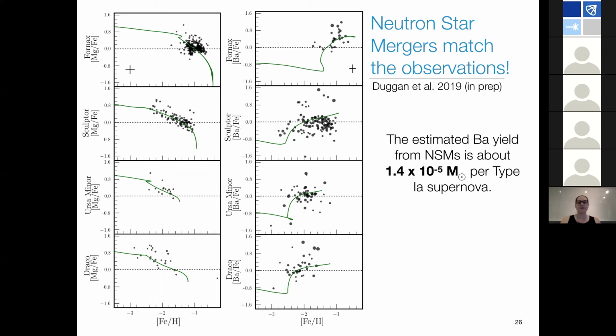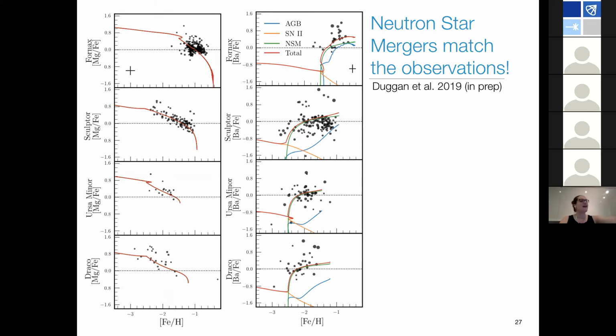And so here I have separated out the different contributions from AGB stars, core collapse supernovae, and neutron star mergers for the model I just showed. And then the total, and you'll see that in all cases except for Fornax, the contribution of barium is dominated by neutron star mergers.